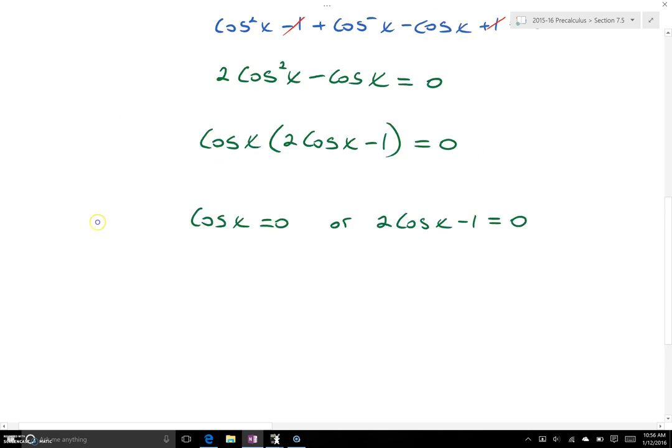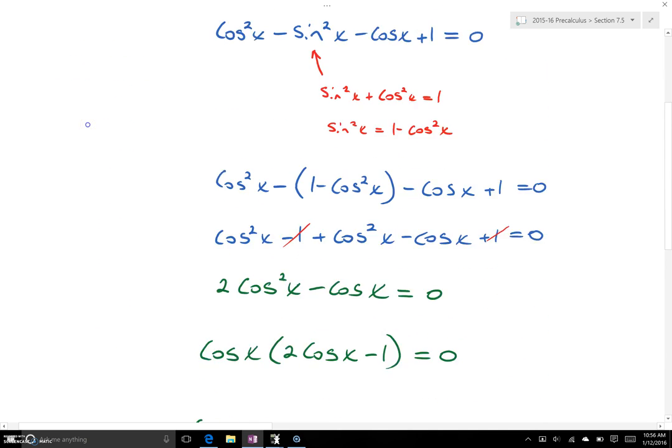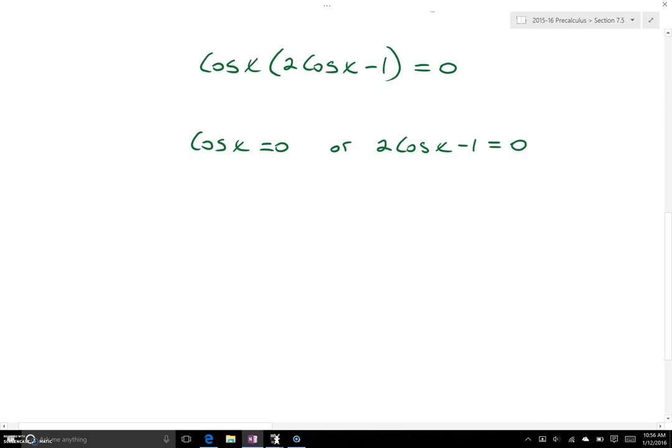And again, we want to give all the solutions between 0 and 2 pi. So cosine x is 0 at pi over 2, which is 90 degrees, and 270 degrees, which is 3 pi over 2.